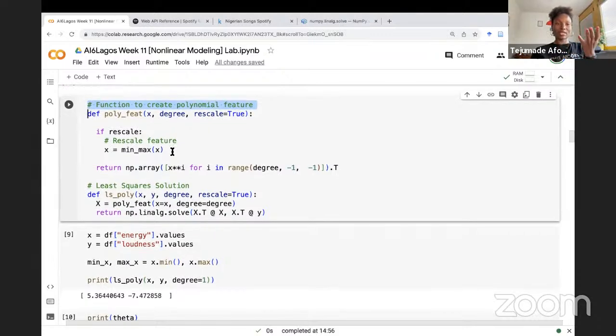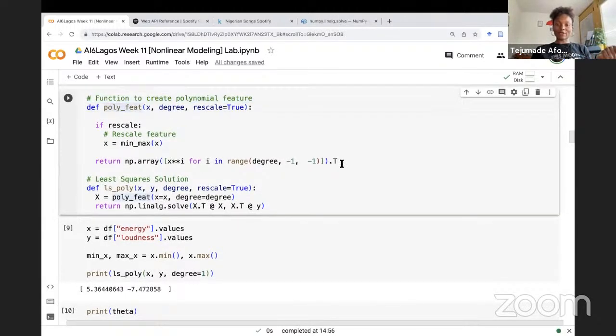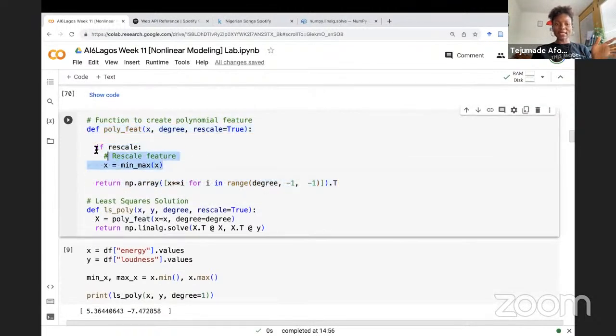So that we can generate new polynomial features and fit another model, for example, the quadratic model that we talked about. To do that, again, we have a very handy function, but we will unpack this. Here, I'm just giving the user the option of deciding whether or not they want to scale their input.